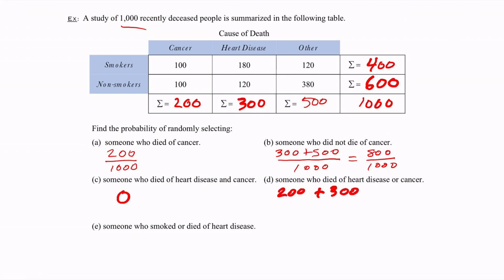And there's no intersection of those two. So that would be all the people that died of heart disease or cancer divided by 1,000. So 500 over 1,000.